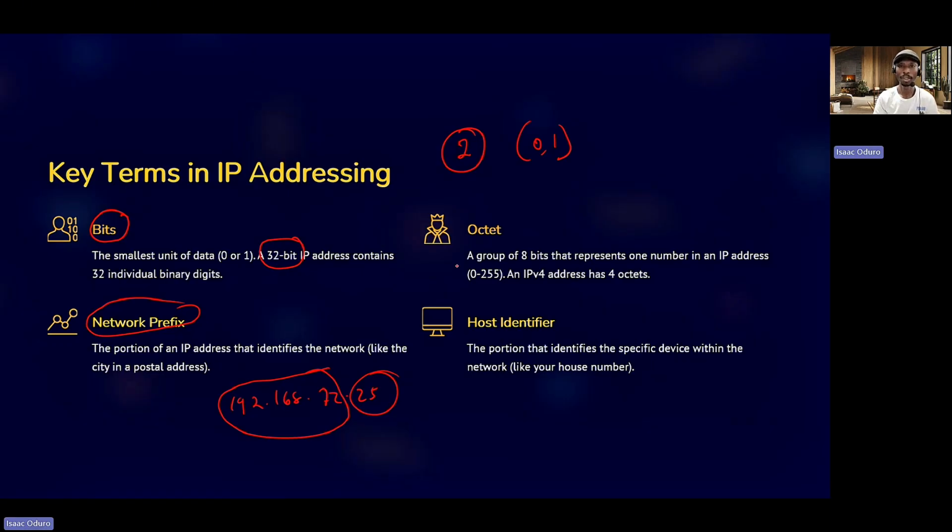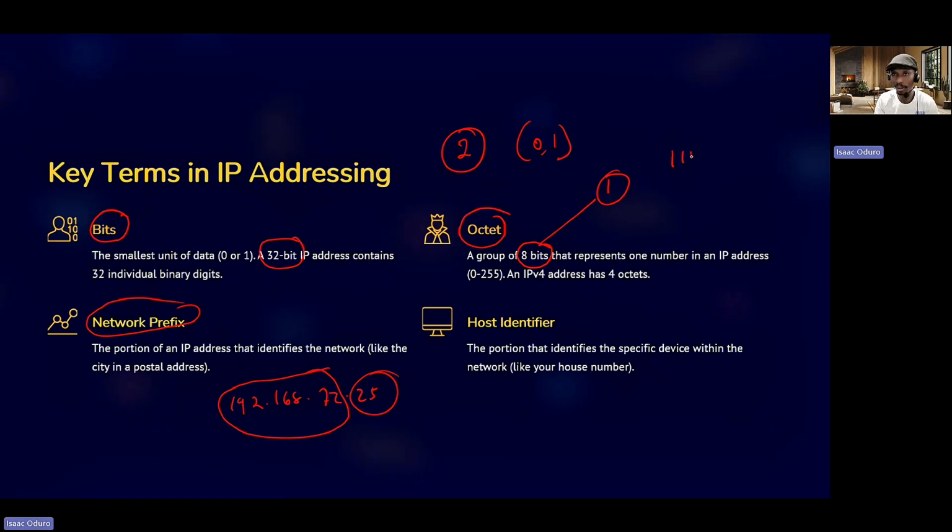So when you talk about the network prefix, we are talking about the portion of the IP address that represents the network. You will hear the term octet in the calculations that we are going to do. An octet is a group of 8 bits. So when you talk about bits, we are talking about this, 1. A group of 8 bits is called an octet.